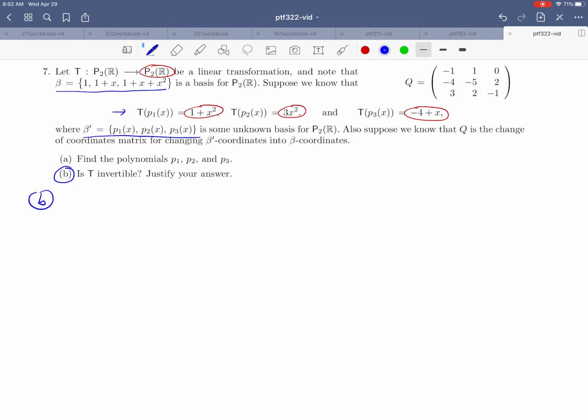So to get started, let's see if we can convince ourselves that those three circled polynomials are linearly independent. We can do that by direct calculation. Let's start our argument.